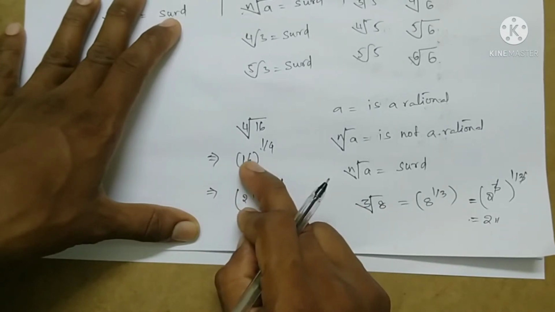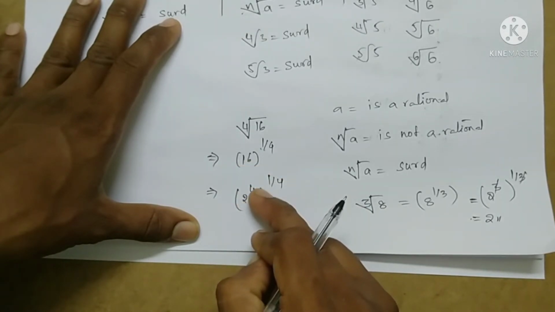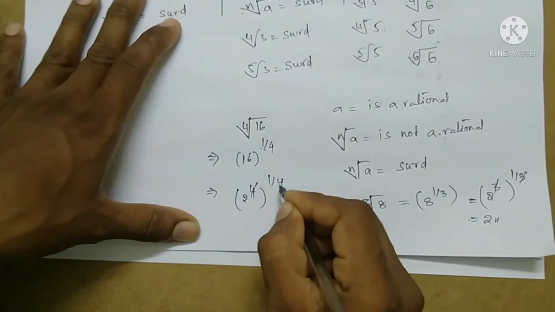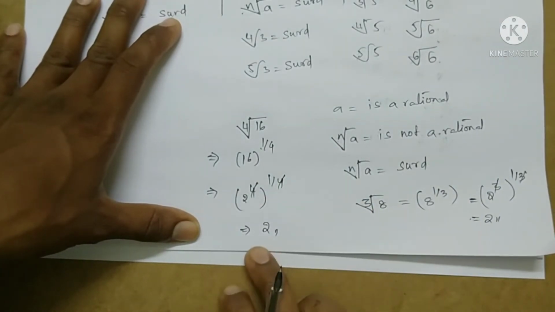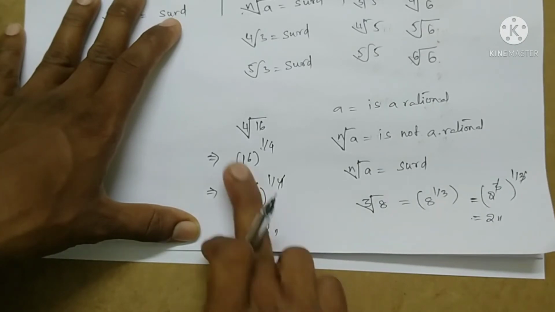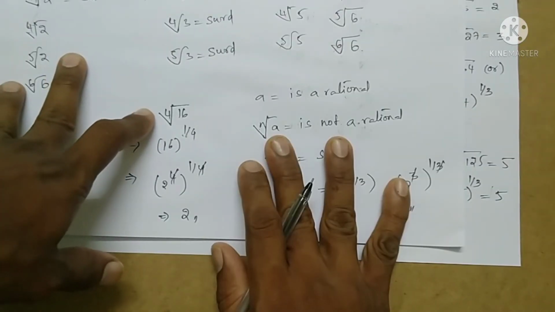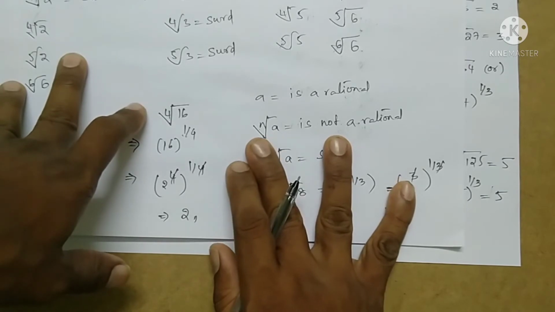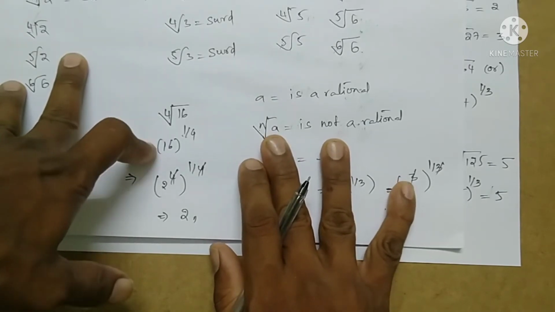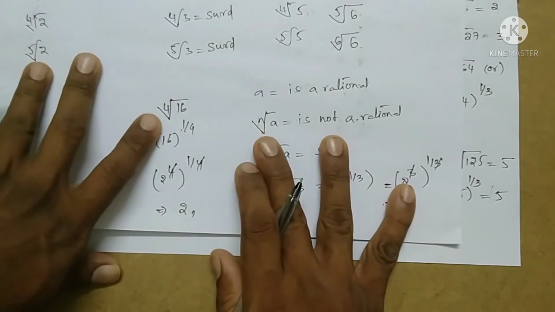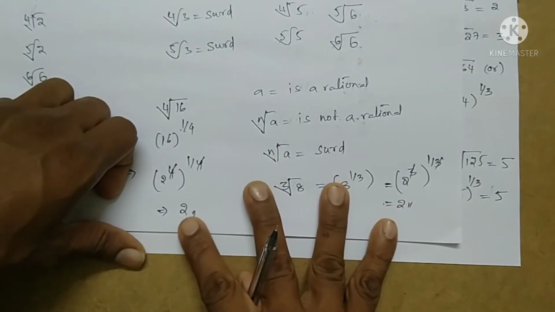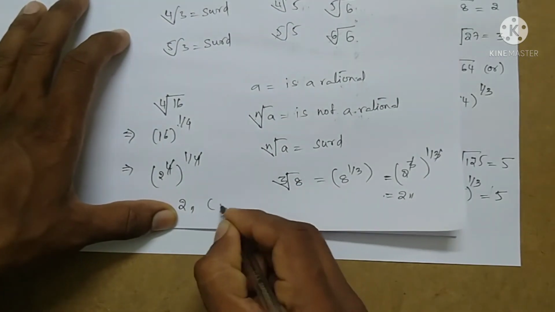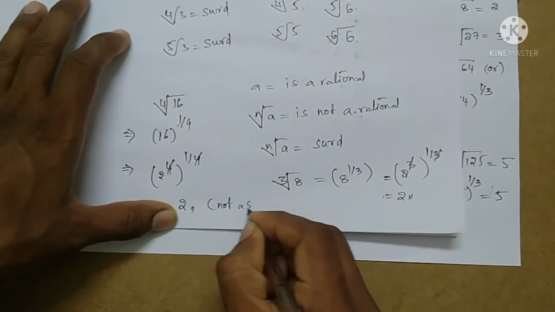So whole to the power of 1 by 4, and the 4s cancel. The result is a rational number. Here the fourth root of 16 is of the form nth root of a, where n is 4 and a is 16. The result is a rational number, so it is not a surd.